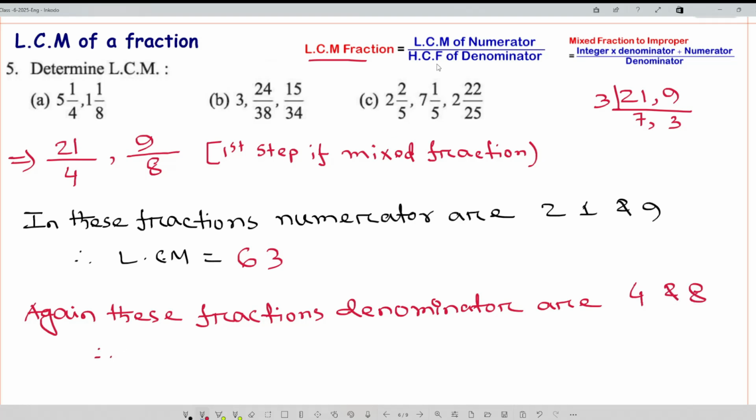So we have to find out HCF. HCF equal what? 4 and 8. 4 means 1 times 2 times 2 and 8 means 1 times 2 times 2 times 2. So which is the common factor? 1 and 2 and 2. It means 4. So HCF is 4 and LCM is 63.